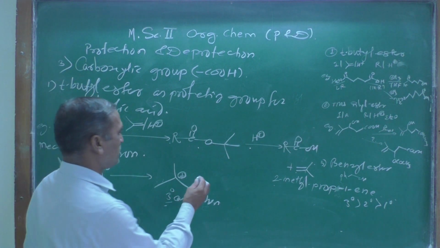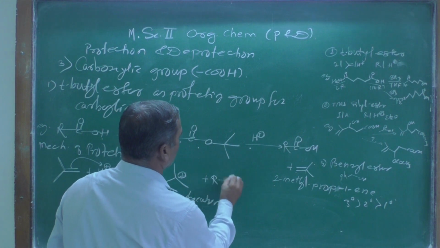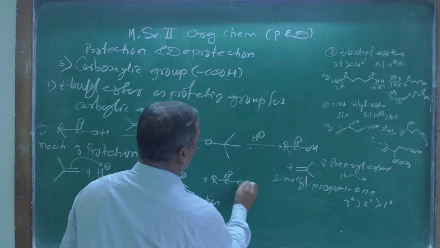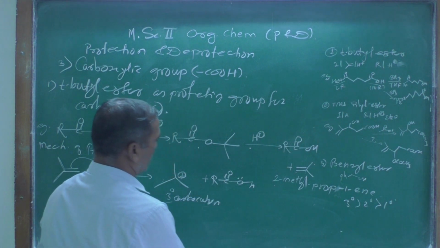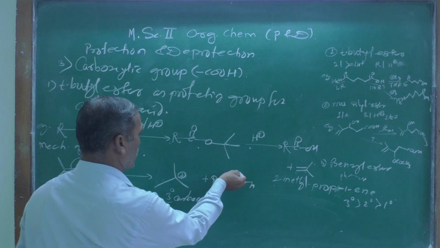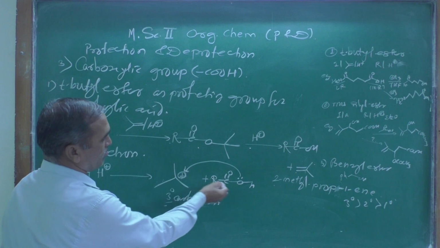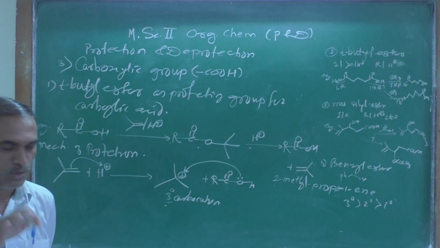And now we know that here in RC double bond OH, the lone pair present on the oxygen atom, that non-bonding electron pair, attacks on that. Always remember, a lone pair is nothing but a nucleophile.